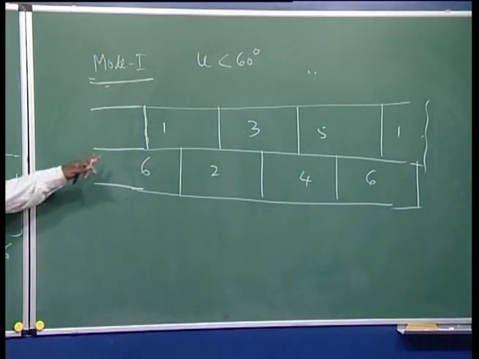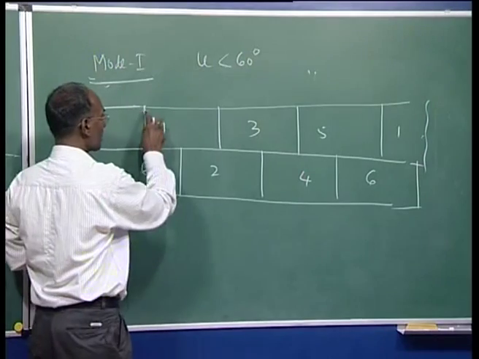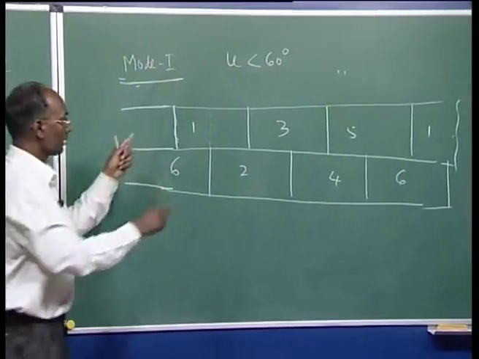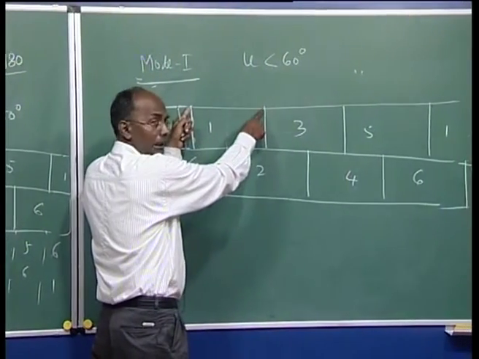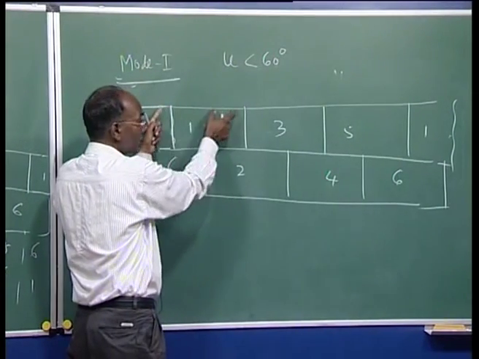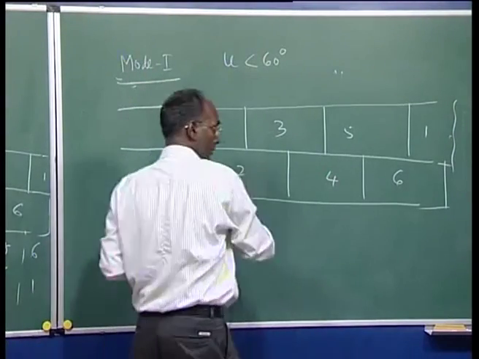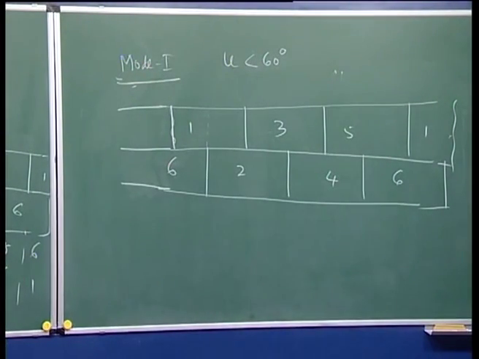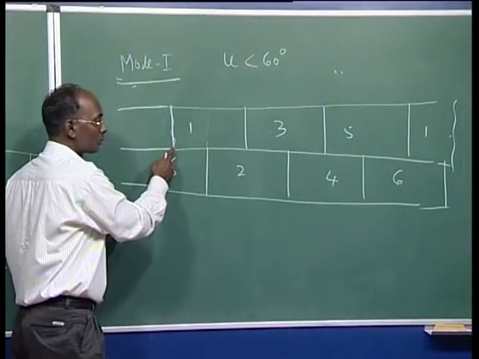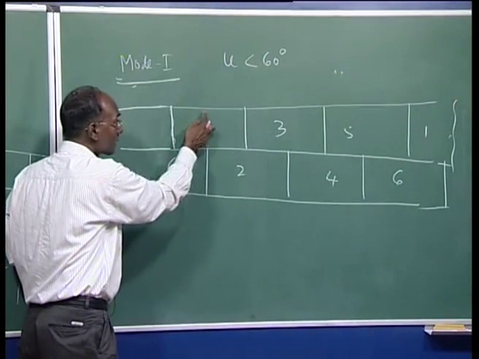Now let us see what happens when u is less than 60. In this duration, this valve has a 60 period. This one is conducting for 120 degrees, and this is 60 degrees. This is 120, this is 60, this is 60. Now we are assuming this is slightly changed: it is not 60 degrees, it is less than 60 degrees.